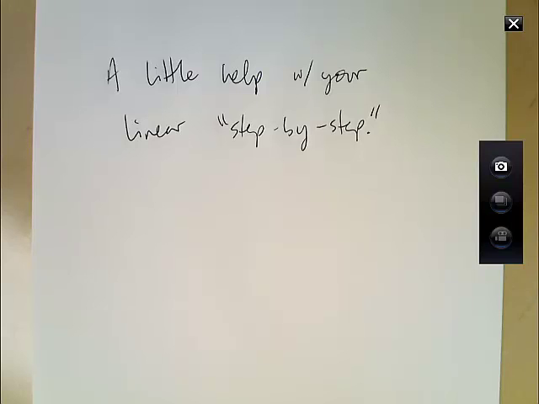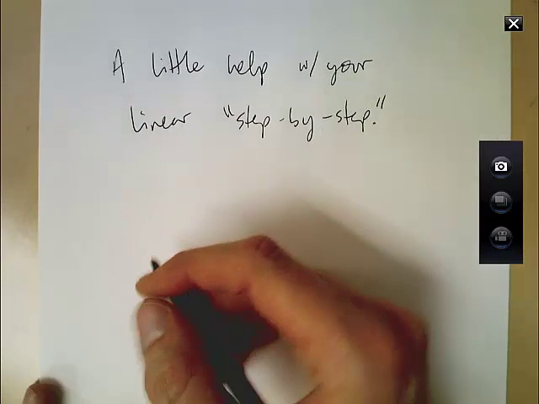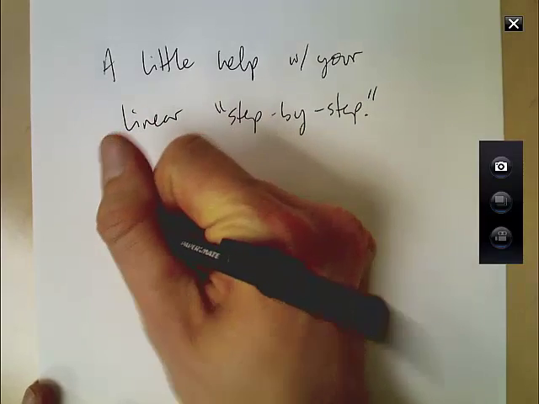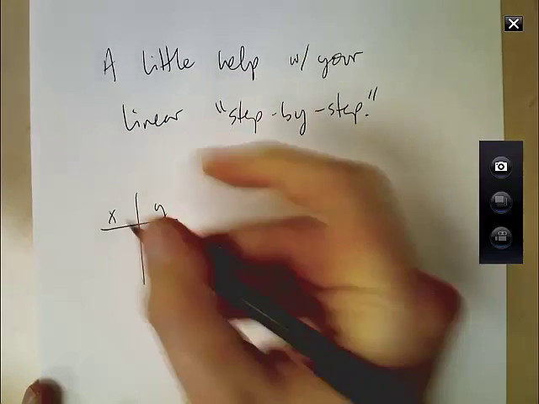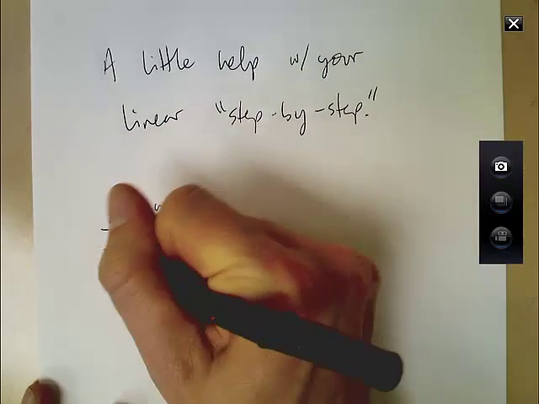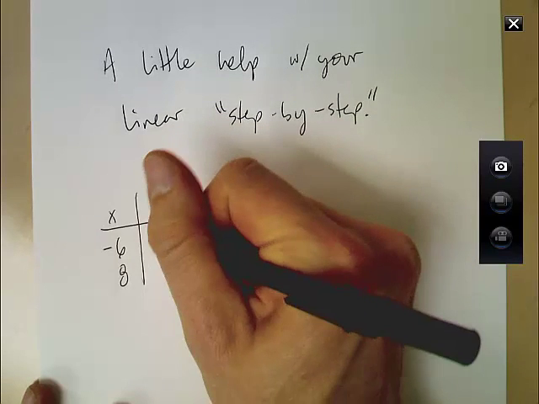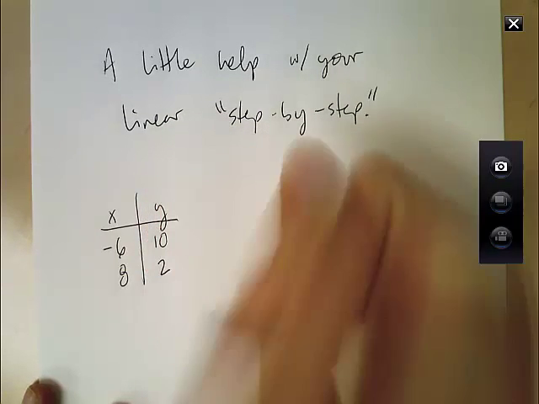Okay. So, I want to talk about how we write equations for lines given different information. For example, let's say I totally pull something out of nowhere.